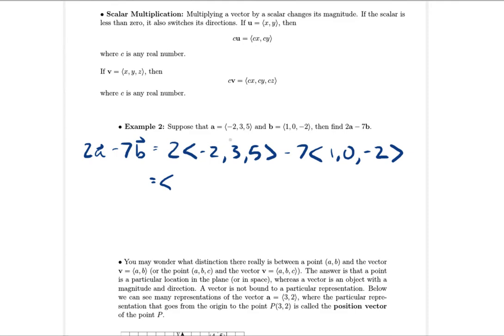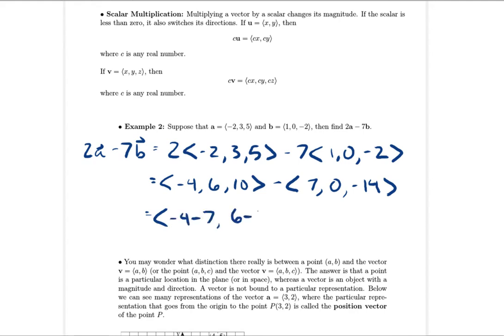Then I distribute that 2 through to each component, so it's ⟨-4, 6, 10⟩ minus 7 times ⟨1, 0, -2⟩, which is ⟨7, 0, -14⟩. Then I take negative 4 minus 7, 6 minus 0, and 10 minus negative 14, which is ⟨-11, 6, 24⟩.